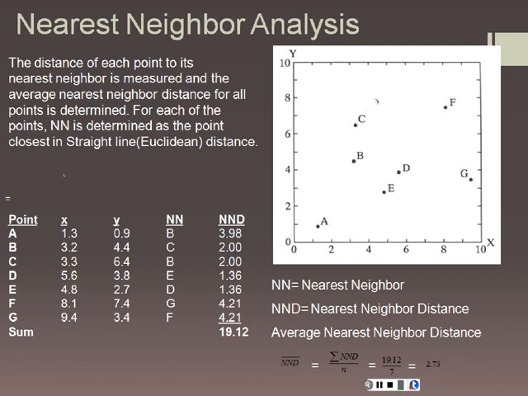Nearest neighbor distance might be like 0.2 or something like that. Whereas if you had all of your points spread out evenly around the edge here, it might be higher, right? So that could give you some information about the average distance between points, essentially, in your data set, between locations.